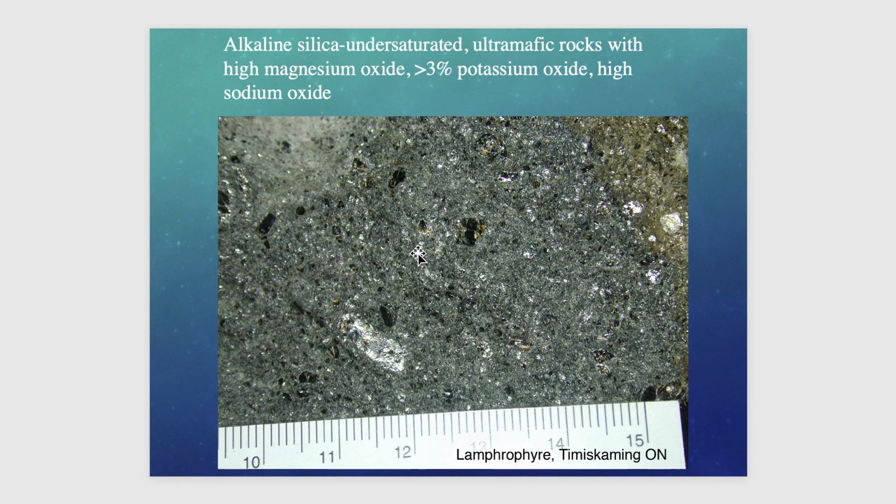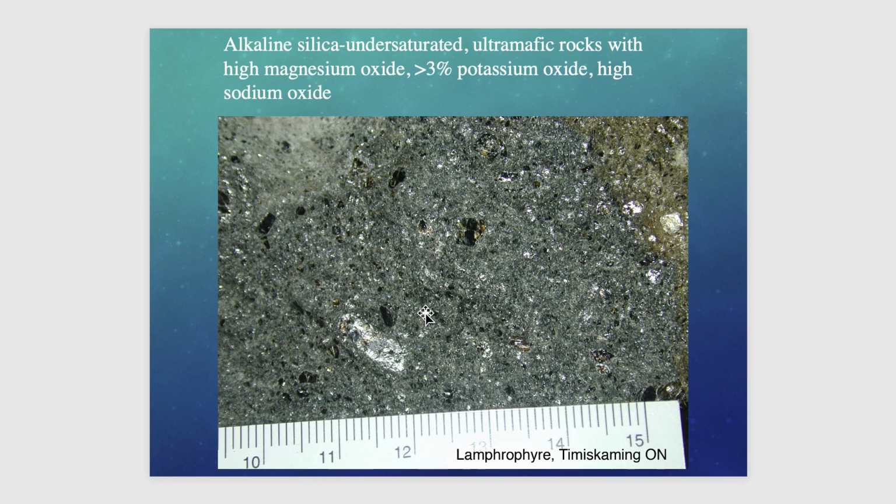And yes, these are still porphyritic. You can see phenocrysts or xenocrysts in this rock, but a key distinction, I think, is the fact that usually you have little carbonate in these rock types.